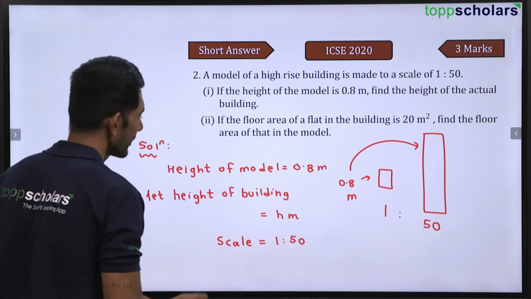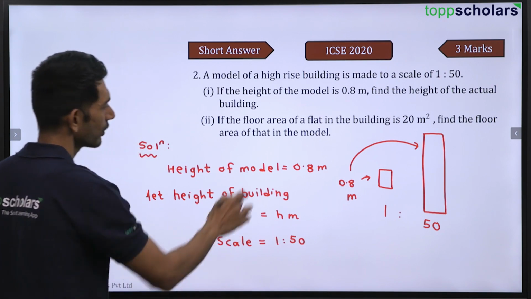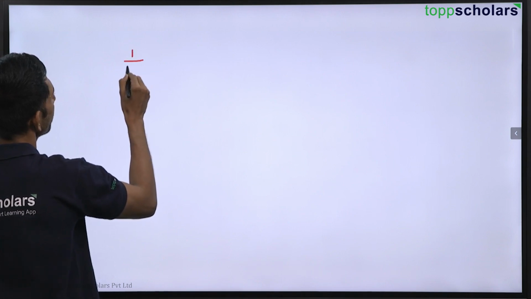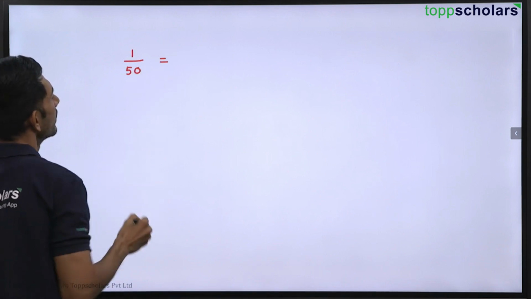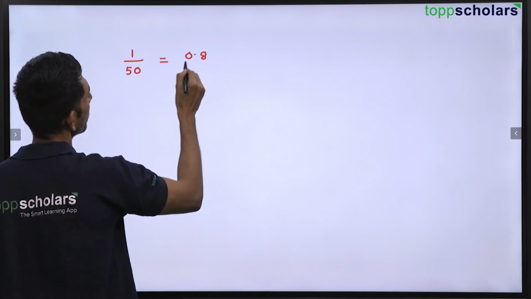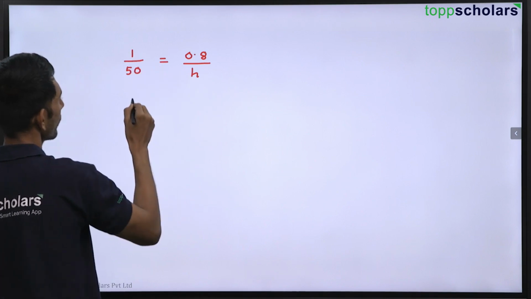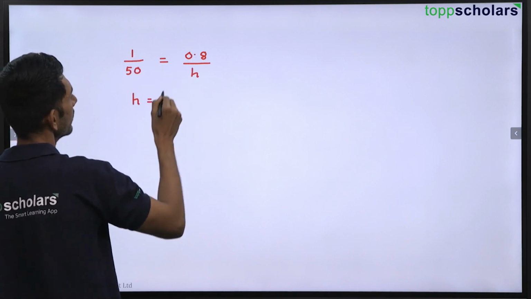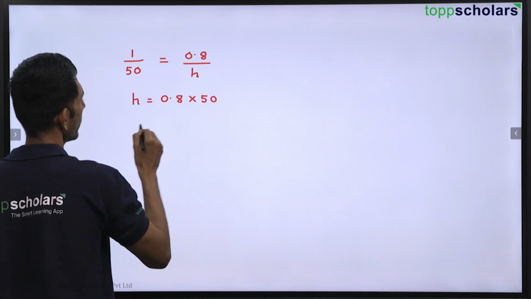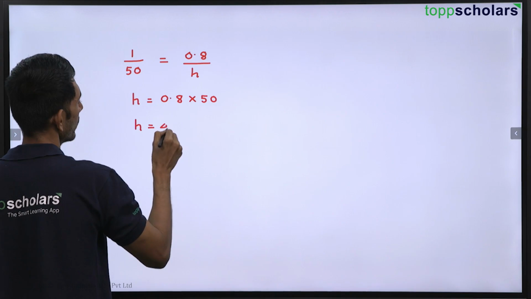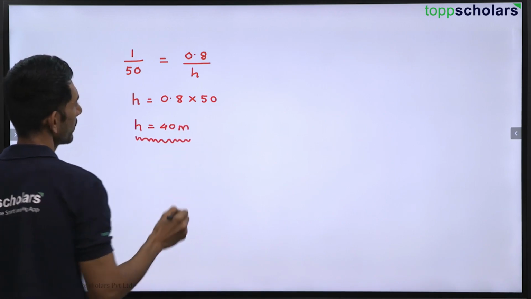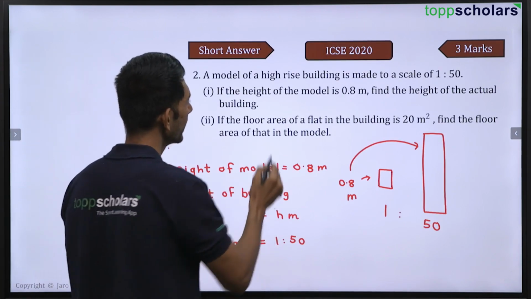So can I say 1 by 50 is equal to 0.8 by h. So 1 by 50 is equal to 0.8 by h. So h goes there. So 0.8 into 50. So h will be equal to 40 meters. So 40 meters is the height of the building.